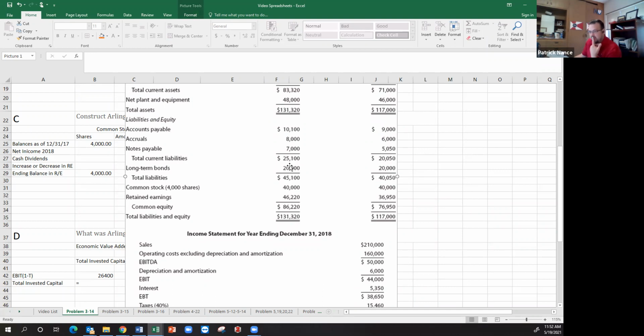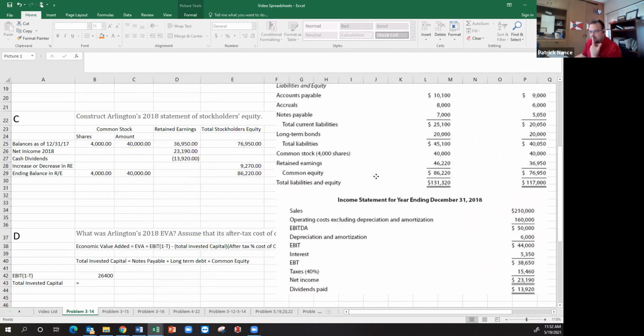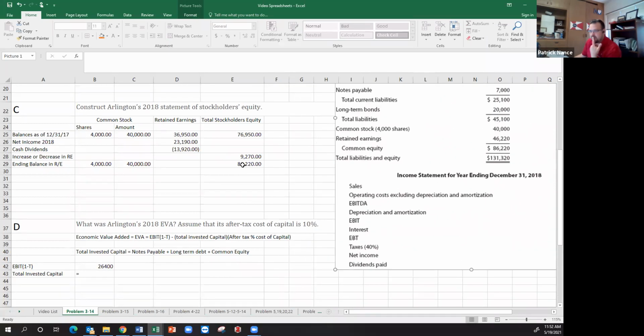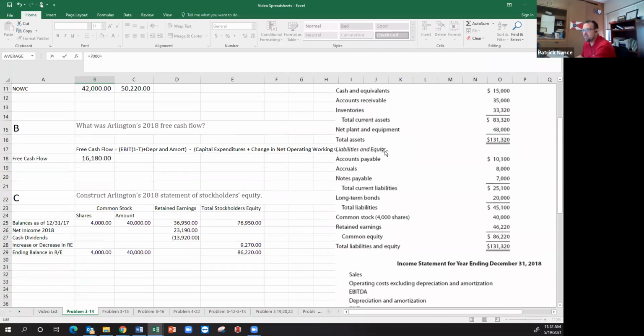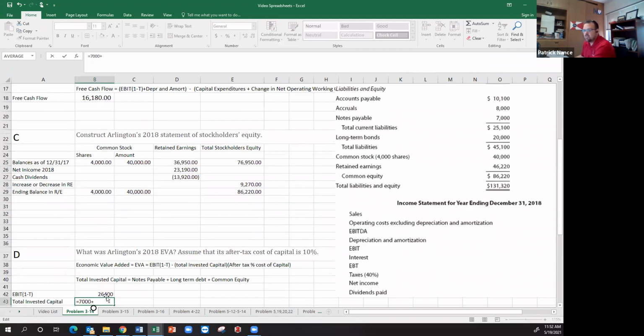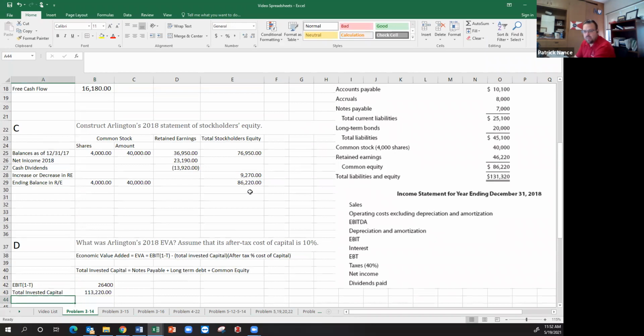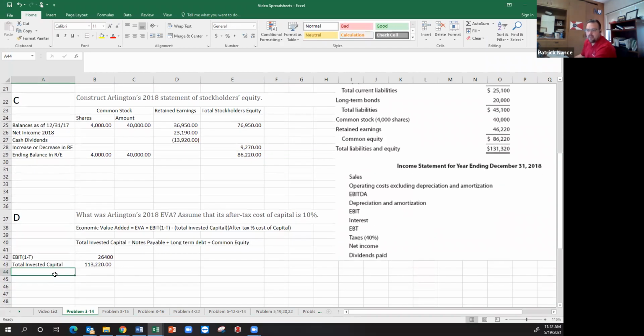And then my common equity is that number I just found in the prior problem, that 86,220. So notes payable, 7,000 plus my long-term debt, which is these bonds for 20,000, plus this number I just found, my equity from the prior problem. That gives me 113,220.